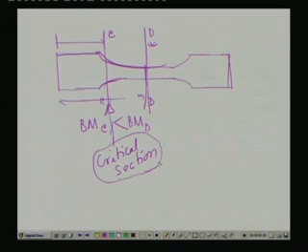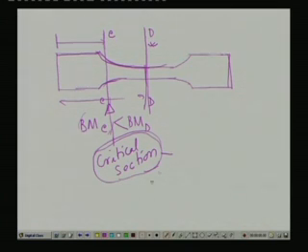But for the time being, let us assume this to be the critical section, and we consider the design based on the values of the bending moment at this section. So, I hope you understand the logic behind taking the critical section to be at the location C.